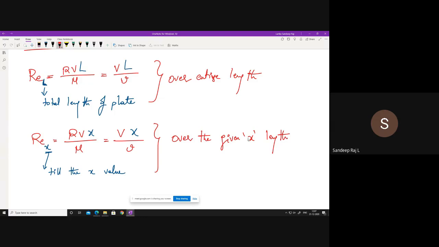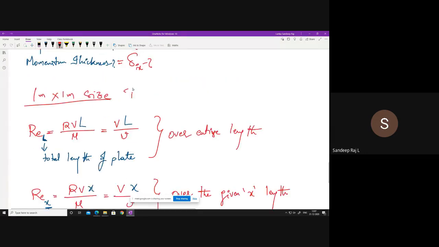So here you will not be using a diameter. Diameter is a critical dimension in case of an internal flow. Here, in case of an external flow, length is the critical dimension.